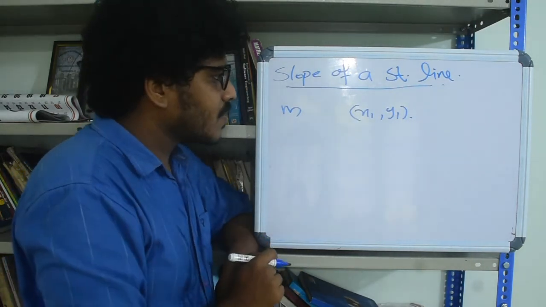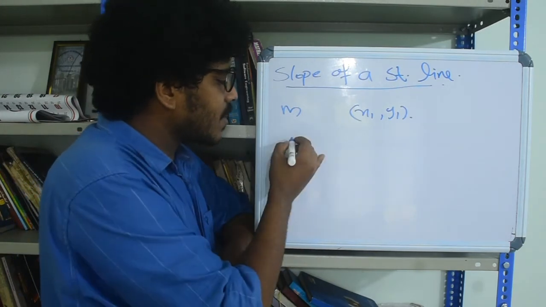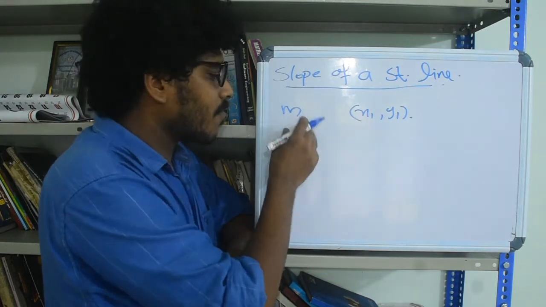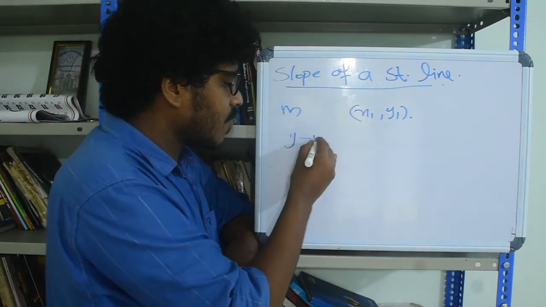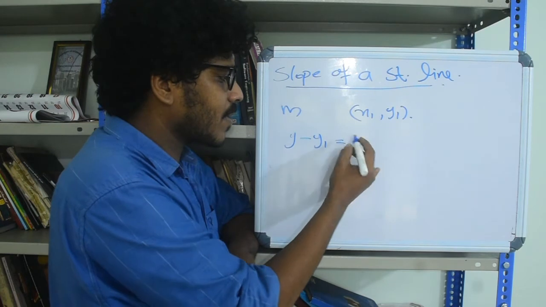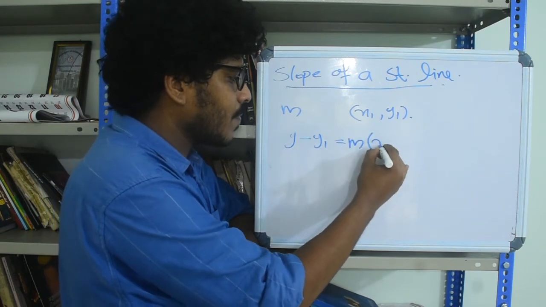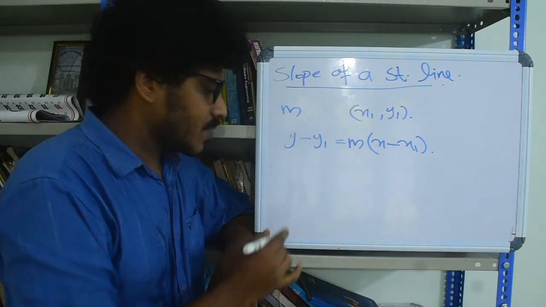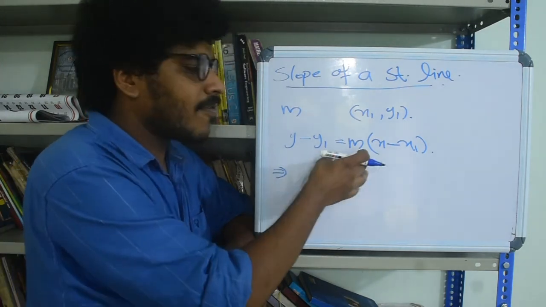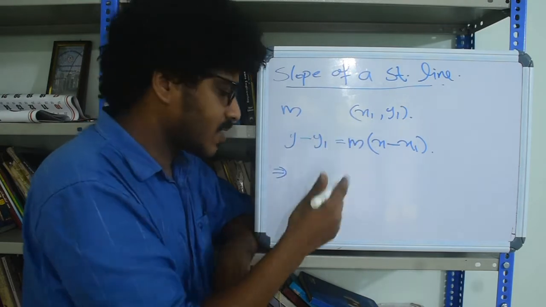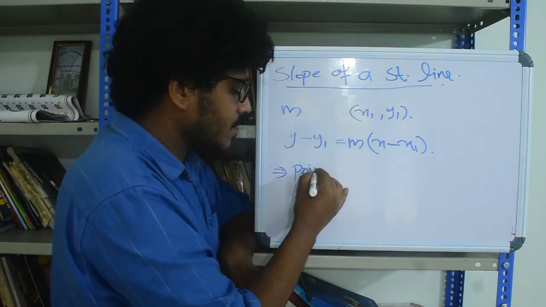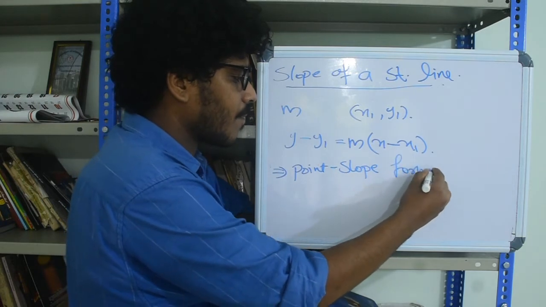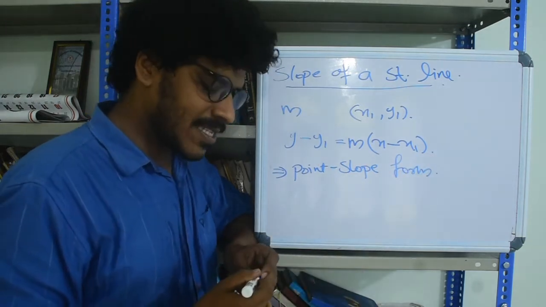So the equation for the line passing through (x1, y1) with a slope of m is given as y - y1 = m(x - x1). This form of equation for a straight line is called the point-slope form. You have seen this before.